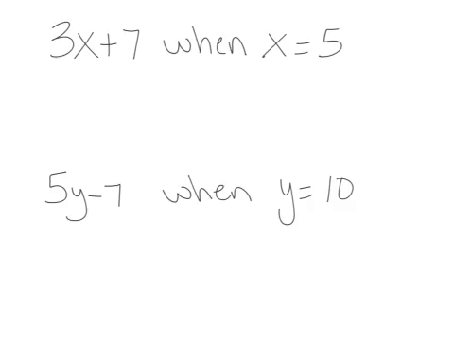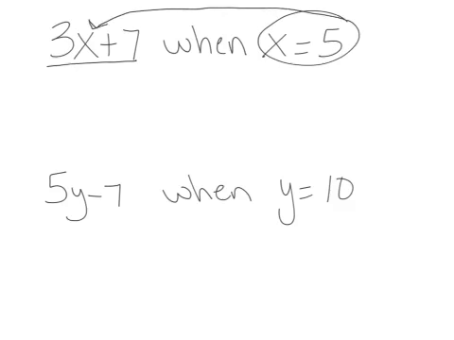And you guys have already done this in a very small way this year, or even last year in middle school, or in 6th and 7th grade. So, for example, if I give you 3x plus 7, and I tell you that x is equal to 5, we would substitute 5 in for x. So it would be 3 times 5 plus 7.